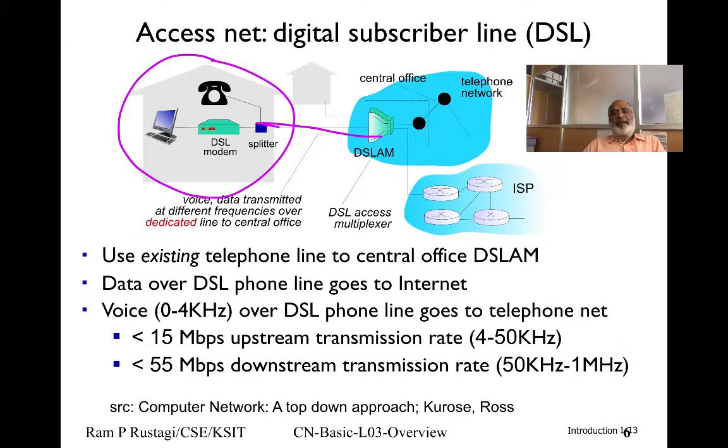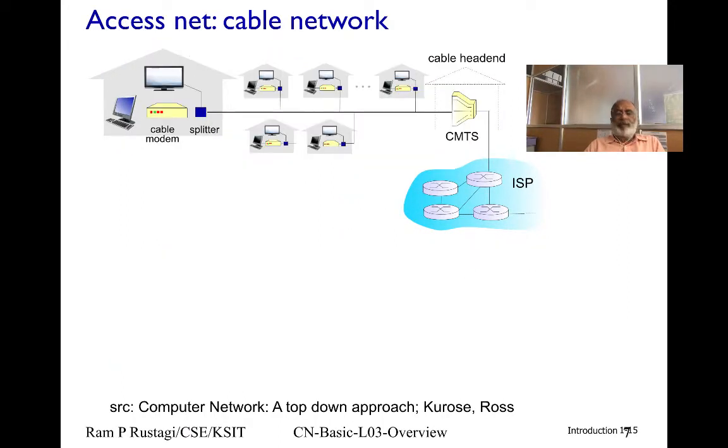Of course, there is symmetric DSL, but that is very rarely available unless at a cost, because the cost per subscriber may become too high. So my upload is still limited to maybe 1 or 2 Mbps, whereas download has gone to 10, 20, 30, and by standard up to 55 Mbps.